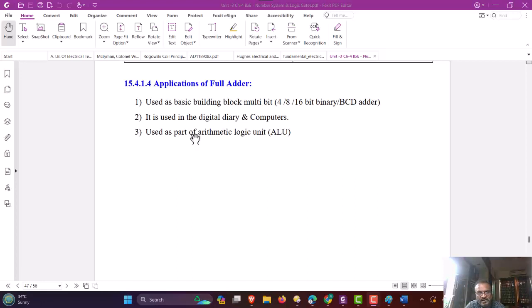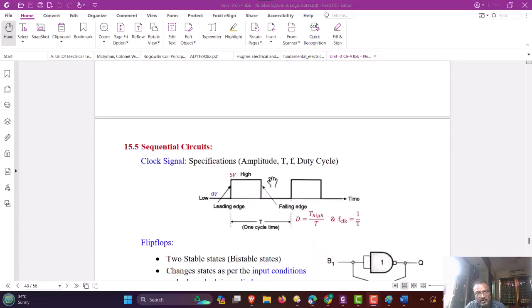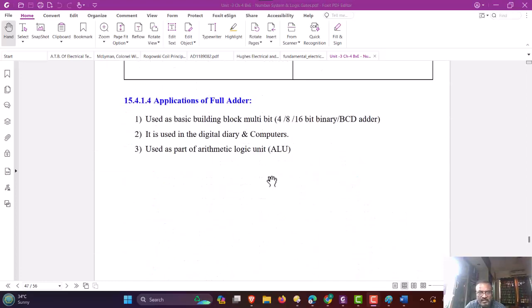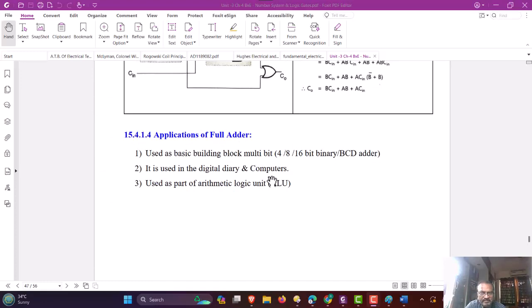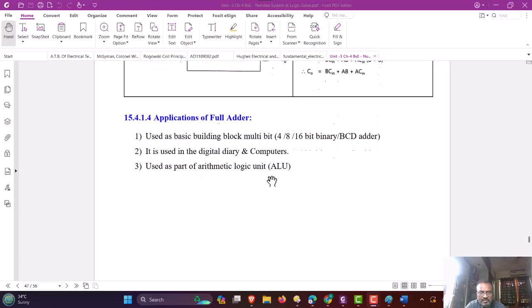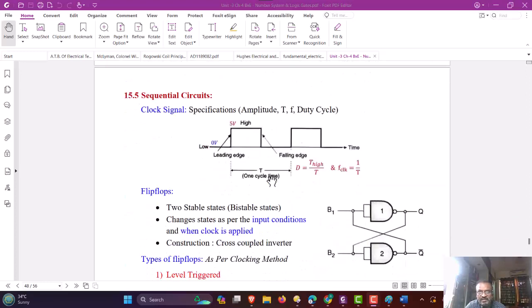It is used in digital electronic systems where arithmetic and logic operations are required, like digital devices, microcomputers or computer systems. They are used as an integral part of the arithmetic logic unit of microcomputer systems. And that's all about the combinational logic circuits as per your syllabus.